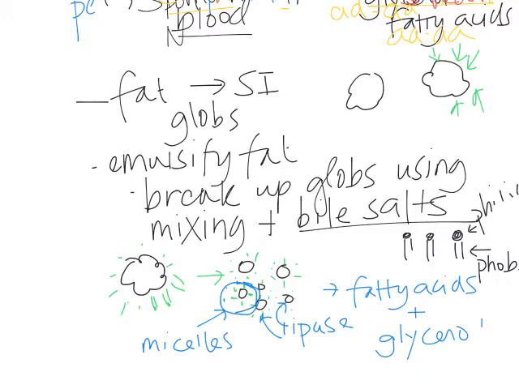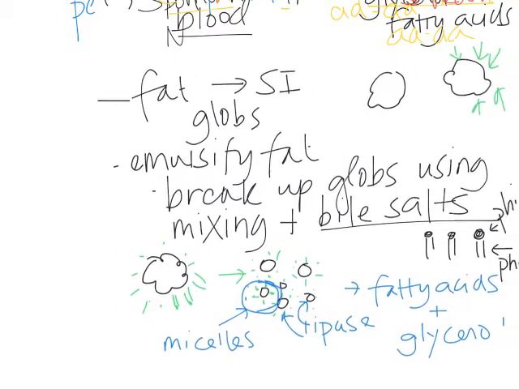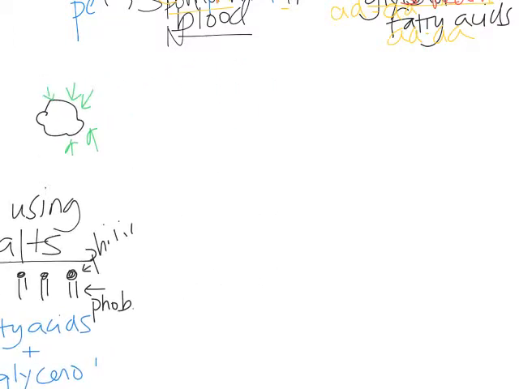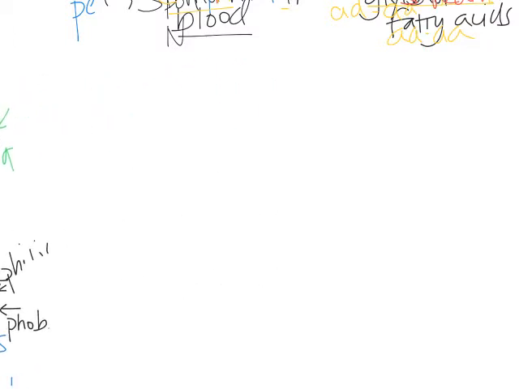Now, what's going to happen is the fatty acids and the glycerol cannot be transported straight into the bloodstream because they're hydrophobic. So what has to happen is we cover the triglycerides.